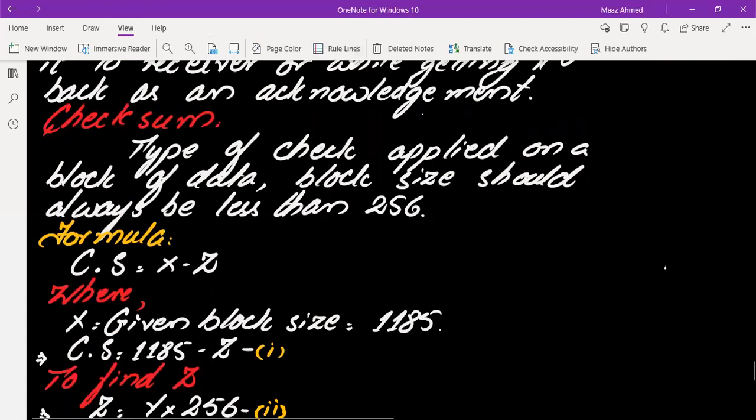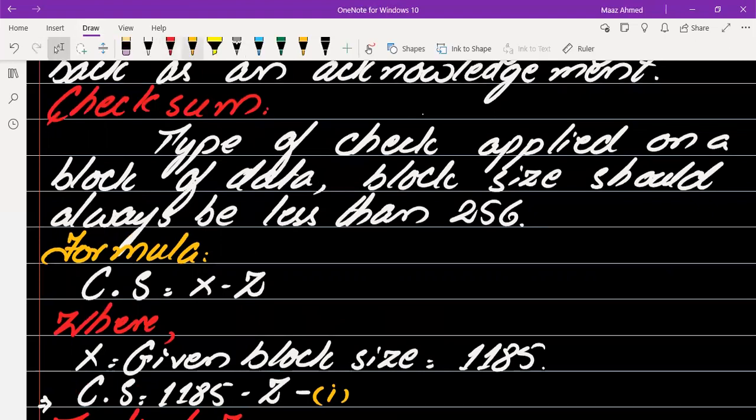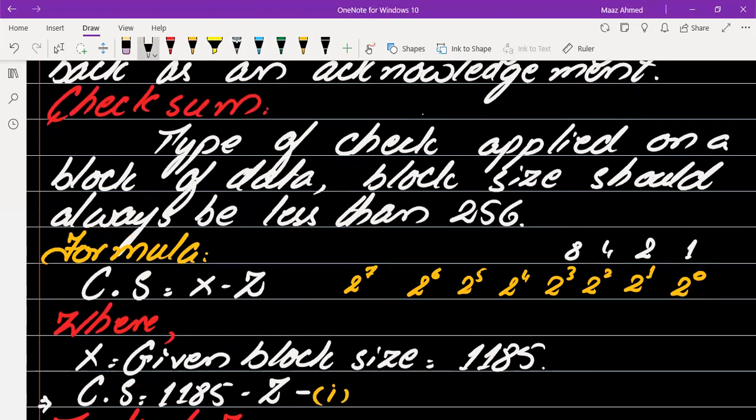The reason behind it is, if I am writing over here 2 power 0, sorry, 2 power 7, 2 power 6, 2 power 5, 2 power 4, 2 power 3, 2 power 2, 2 power 1, and 2 power 0. These are going to make up the values 1, 2, 4, 8, 16, 32, 64, 128.